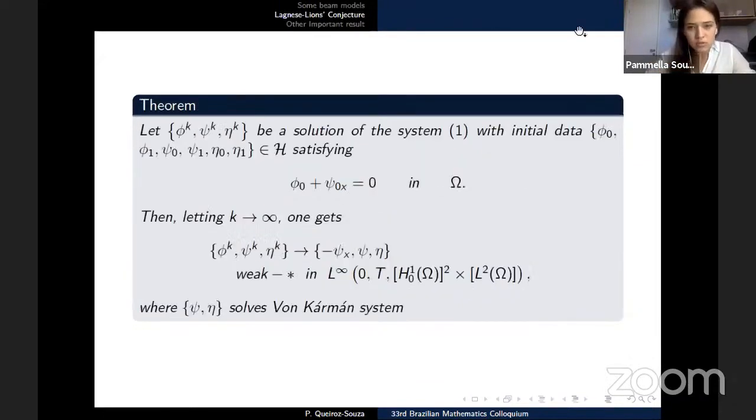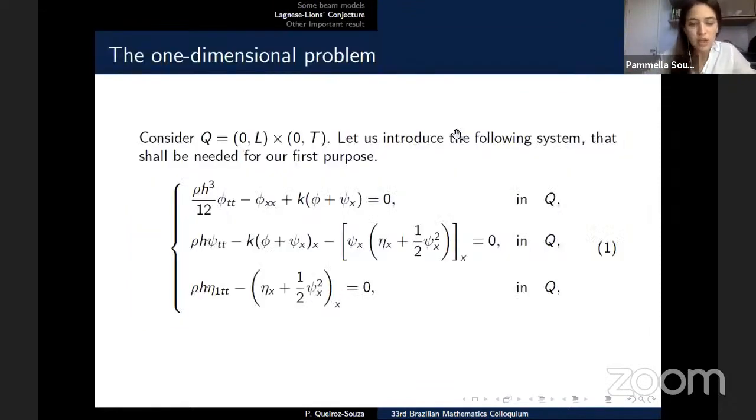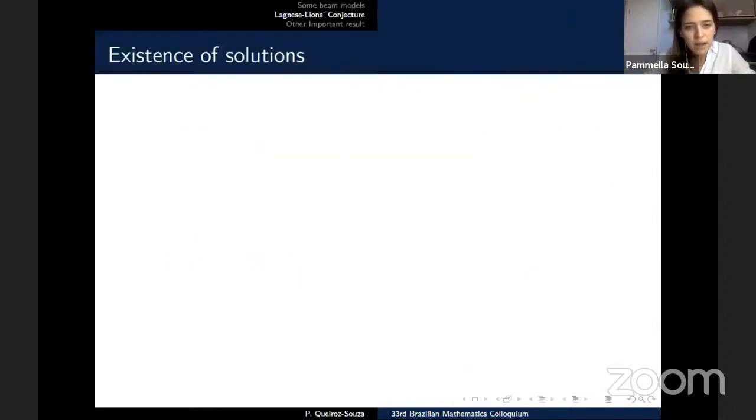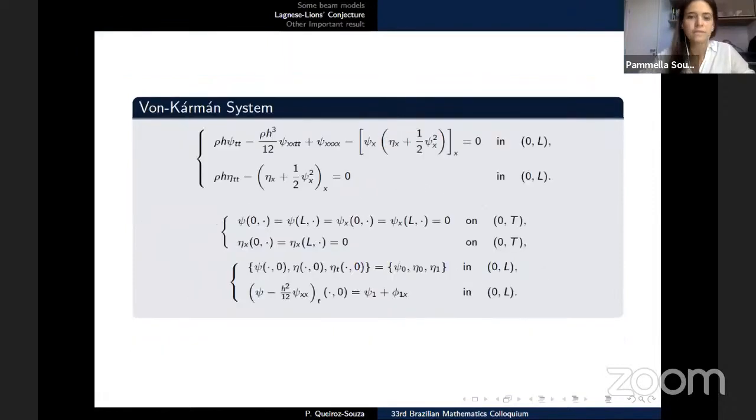Just to return here, in other words, we can see that it is like this equation joined with this one equation. And so in the limit, we have a fourth order system. Okay?